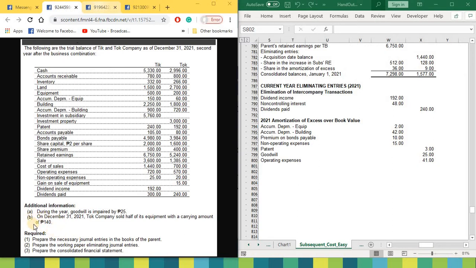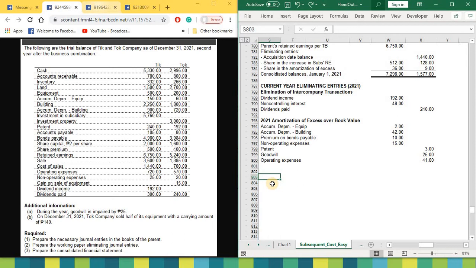However, the equipment of the acquiree in the consolidated FS is valued at acquisition date fair value. Hence, when we compute the gain on sale of the equipment of the acquiree for consolidation purposes, the carrying amount that is considered is the depreciated acquisition date fair value. Which means that the gain on sale of equipment will change.